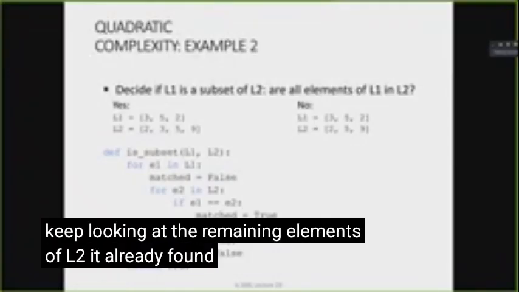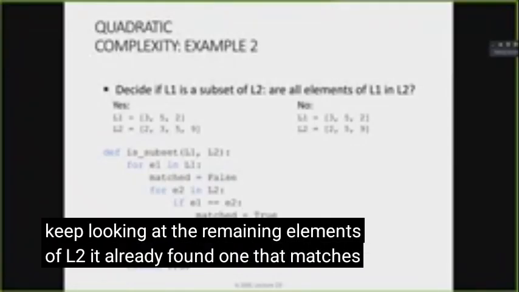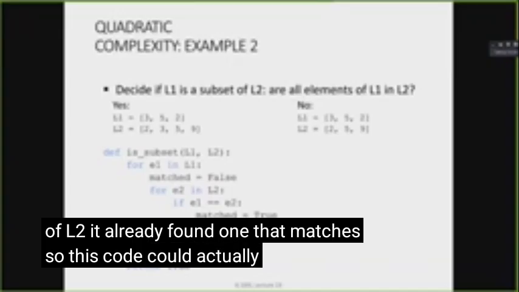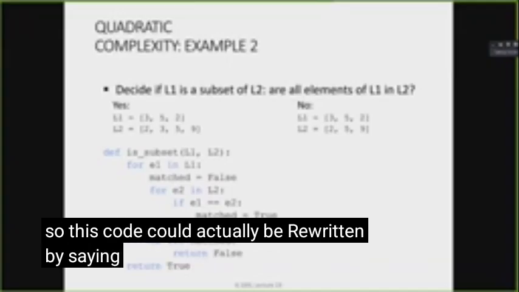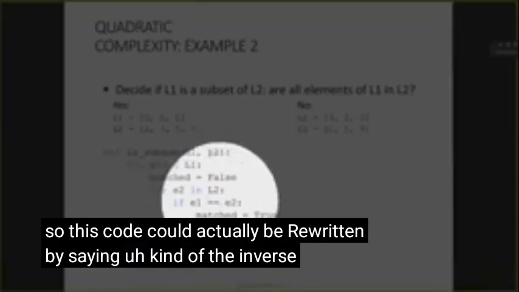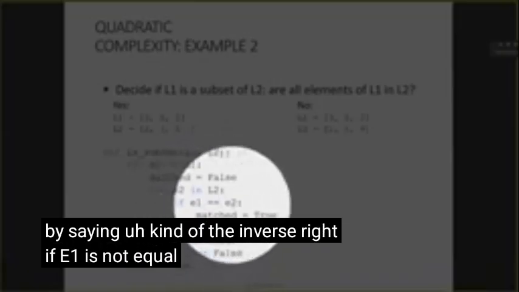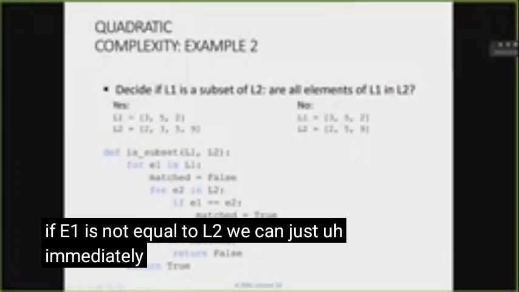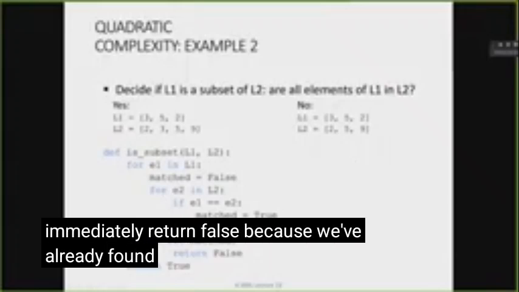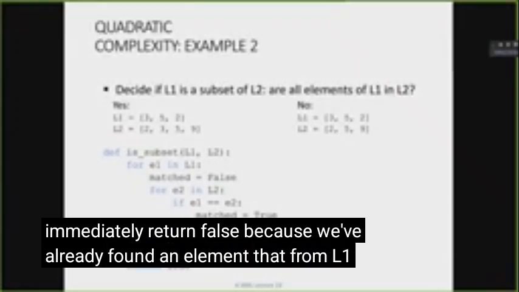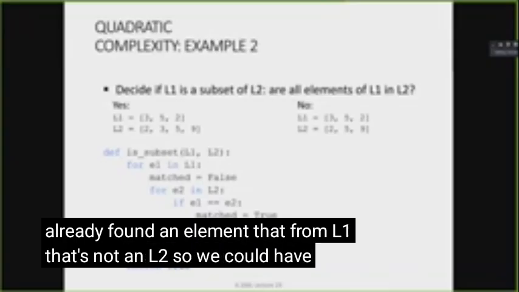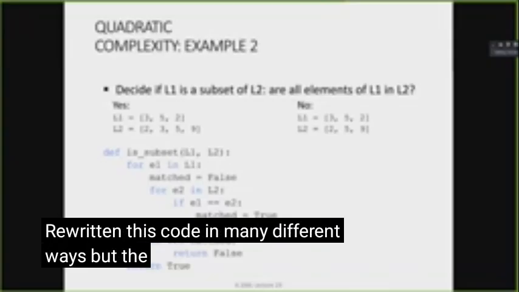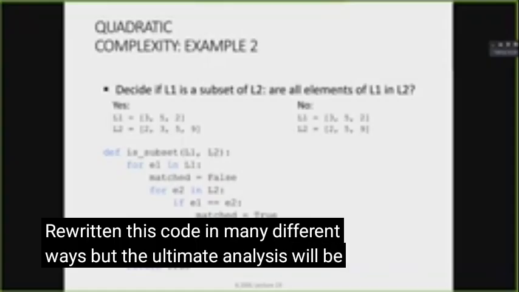It already found one that matches. So this code could actually be rewritten by saying kind of the inverse, right? If E1 is not in L2, we can just immediately return false, because we've already found an element from L1 that's not in L2. So we could have rewritten this code in many different ways, but the ultimate analysis will be the same.